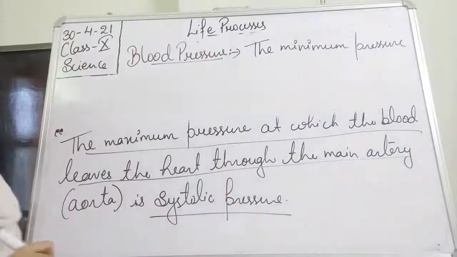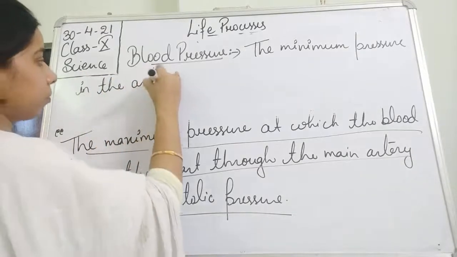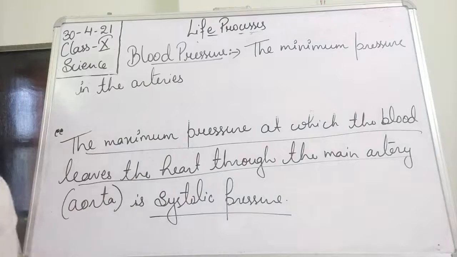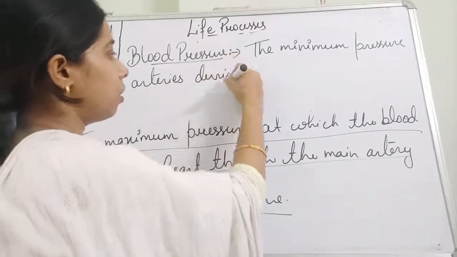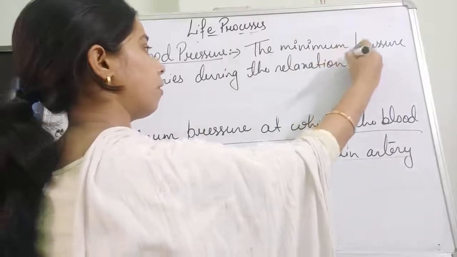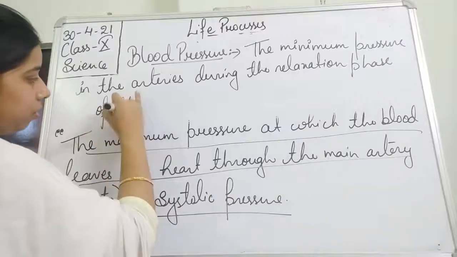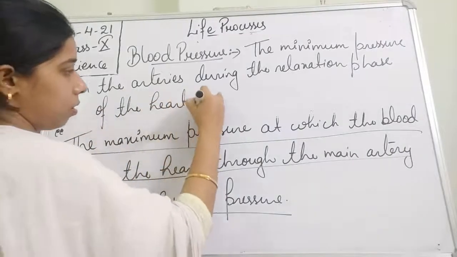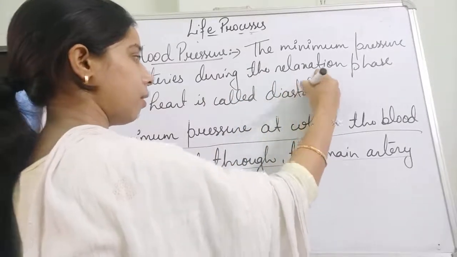The minimum pressure in the arteries during the relaxation phase of the heart is called diastolic pressure.